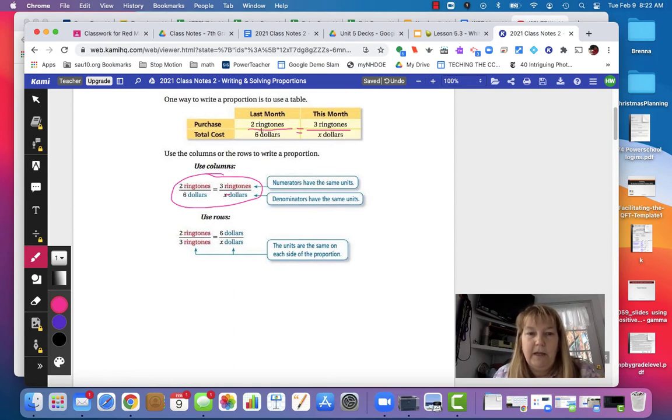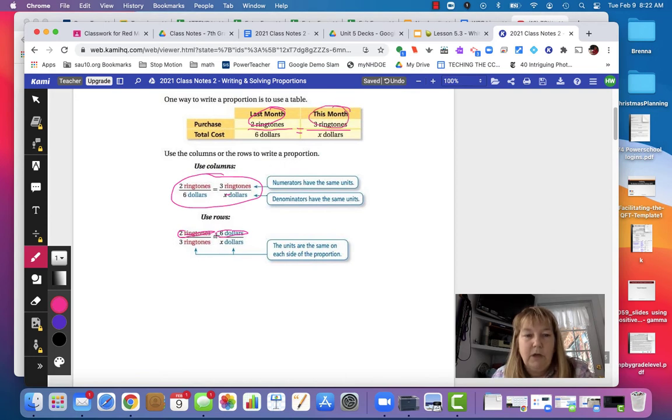The other way of writing it is to think about taking that table and switching it up like that. So we're comparing ringtones to ringtones and dollars to dollars. The only tricky thing about this is keeping track of the fact that this is 2 ringtones for $6, which is last month's, versus 3 ringtones for an unknown amount of dollars, which is this month.